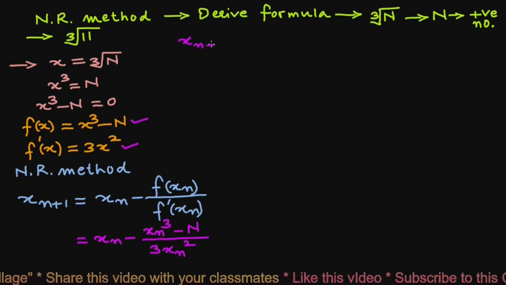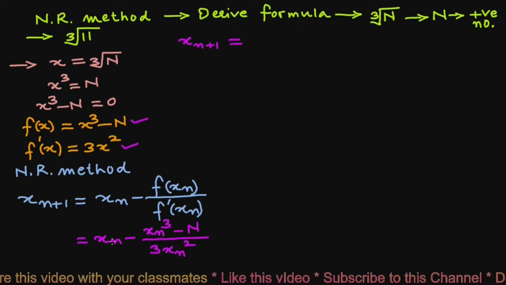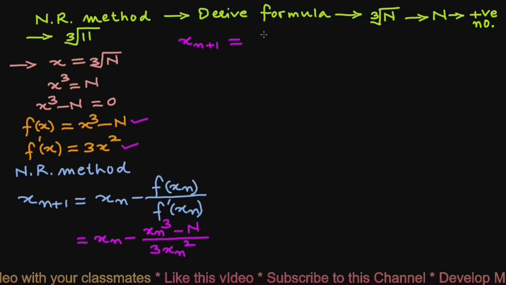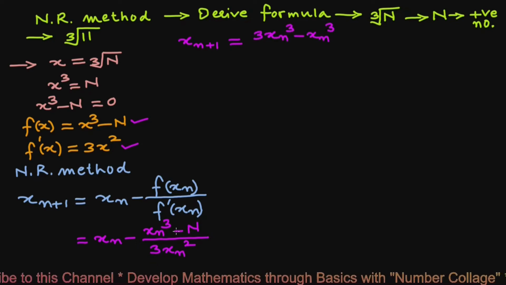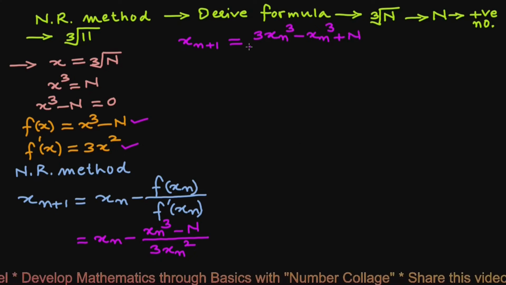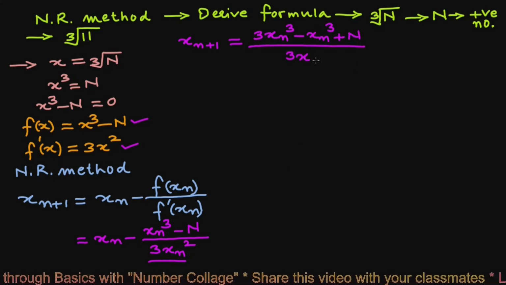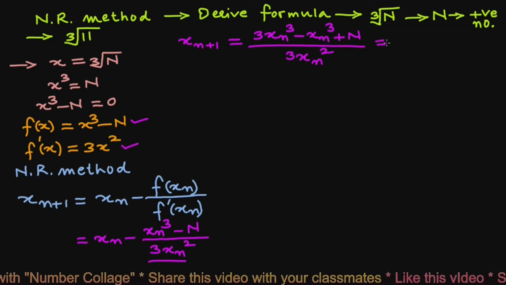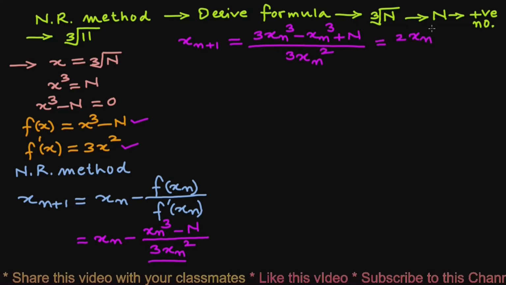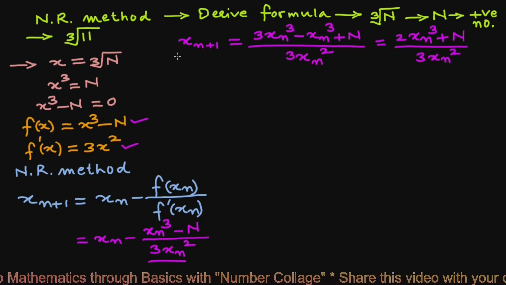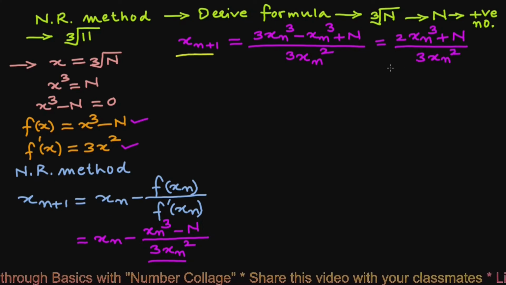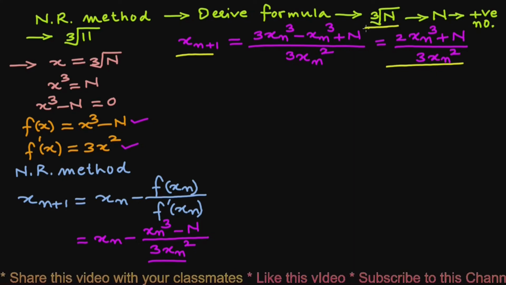This xn plus 1 further will be xn into 3xn square, 3xn cube minus xn cube, minus into minus plus n upon this LCM 3xn square, which will be 2xn cube plus n upon 3xn square. Now this is the required formula to find cube root of n.